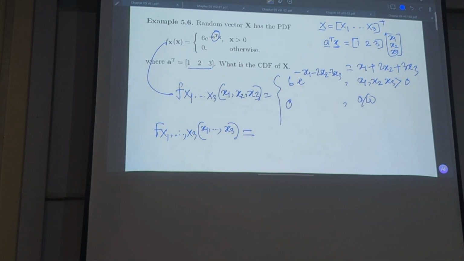How can we calculate the CDF if we know the joint PDF? Right?